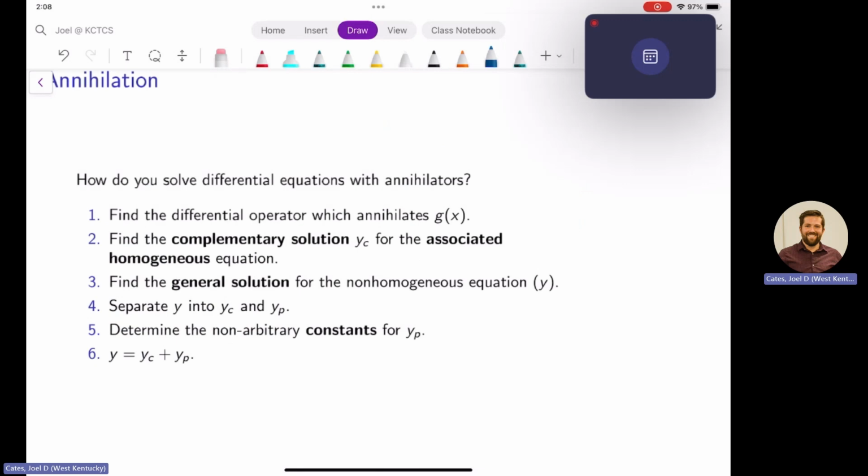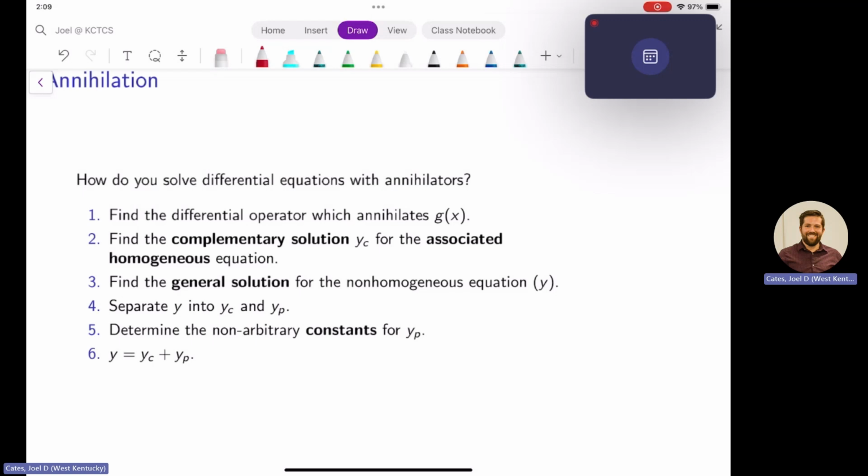So how do you solve differential equations with annihilators? The first thing you're going to do is find the differential operator that annihilates the non-homogeneous portion g of x. You're going to find the complementary solution for the associated homogeneous equation. You're going to find the general solution for the non-homogeneous equation. You'll separate y into the complementary solution and the particular solution.